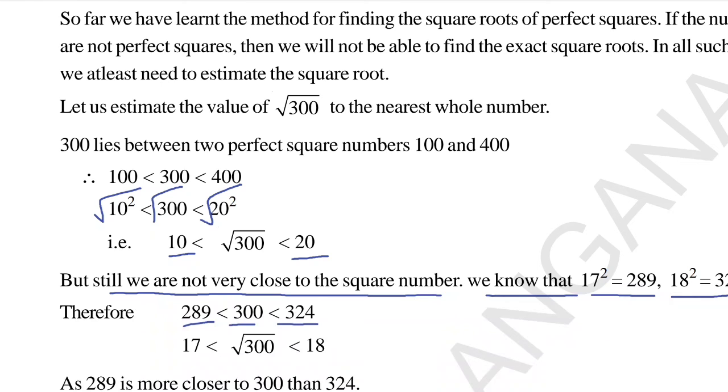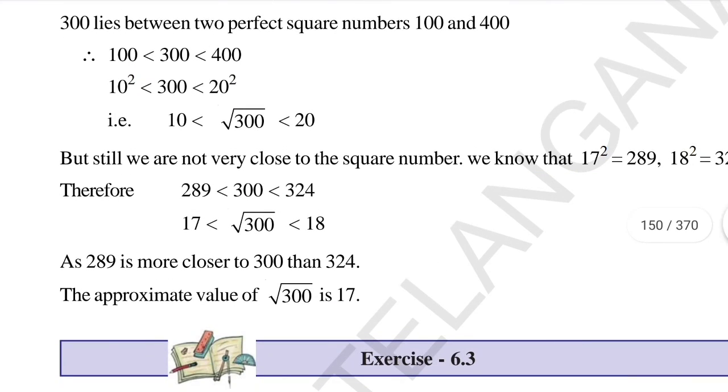So square root of 289 is 17, and square root of 324 is 18. As 289 is closer to 300 than 324, the approximate value of root 300 is 17. It is only an approximate value, not the exact value.